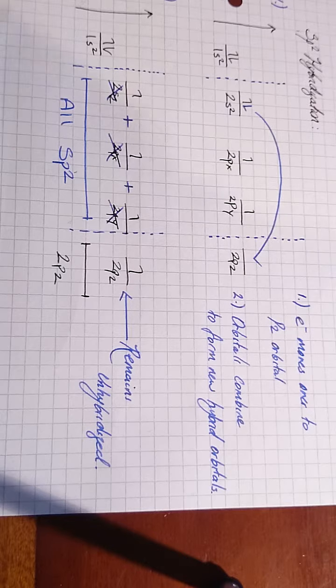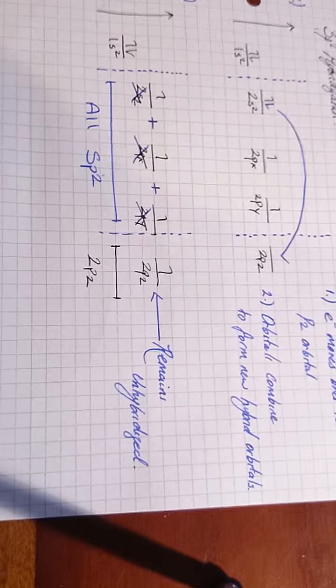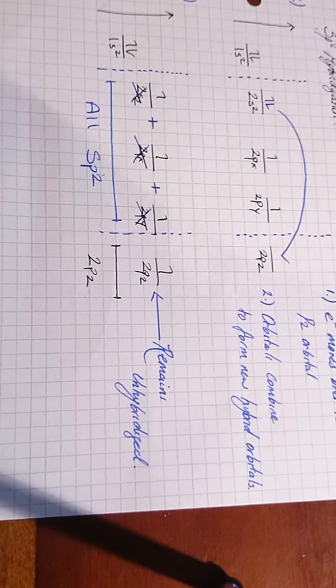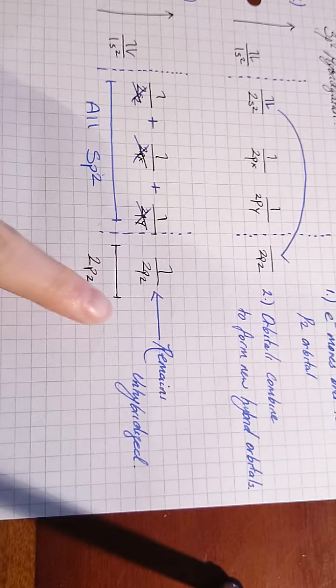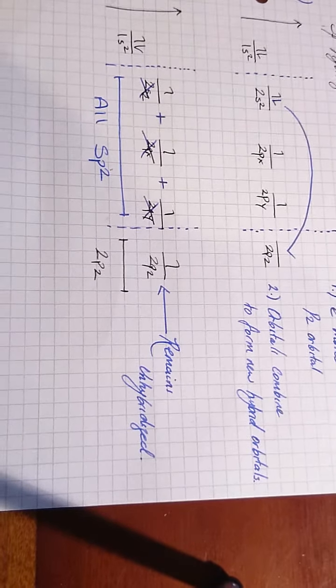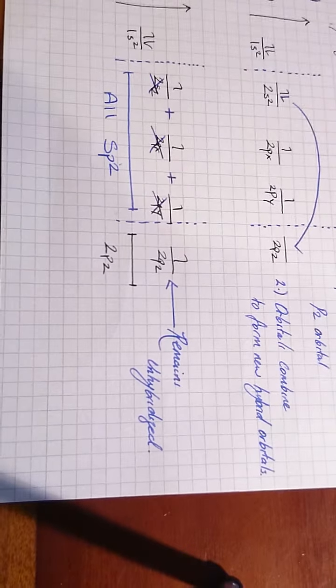The difference between sp3, sp2 and sp is sp3 will form 4 new sp3 orbitals, so there will be no p orbitals available. sp2 hybridization will combine and form 3 sp2 hybrid orbitals and 1 2pz unhybridized orbital.